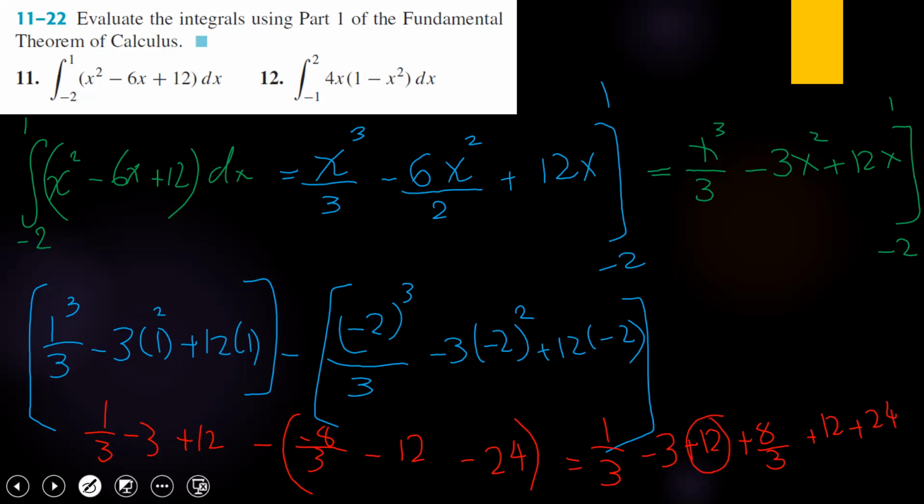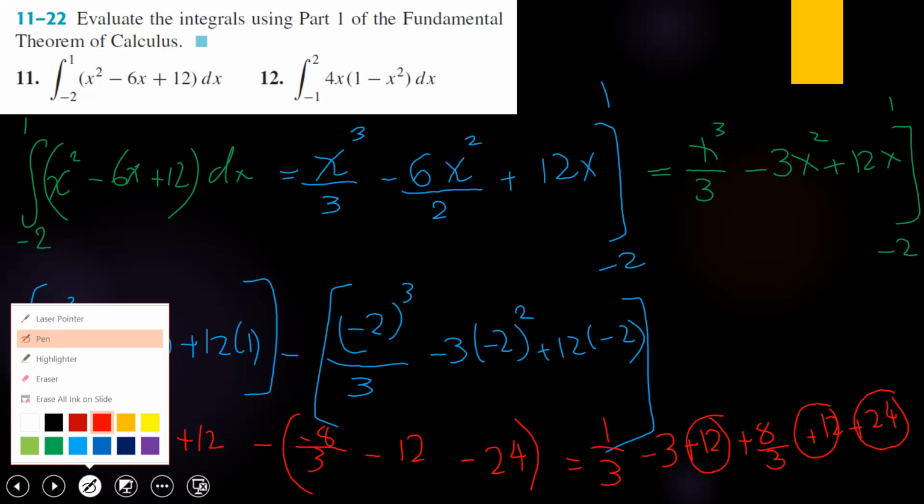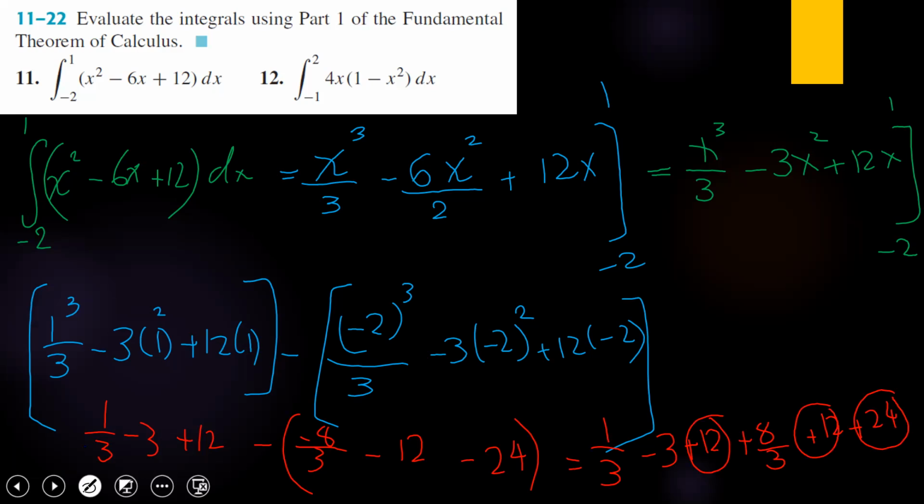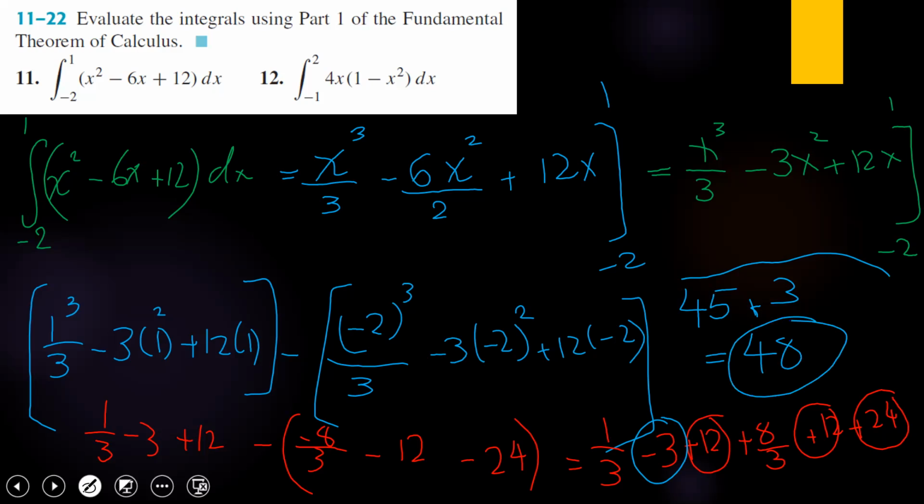Then 12 plus 12 is 24, plus 24 is 48. 48 minus 3 is 45, and a third plus 8 over 3 is 9 over 3, which is 3. So the final answer here is 48.